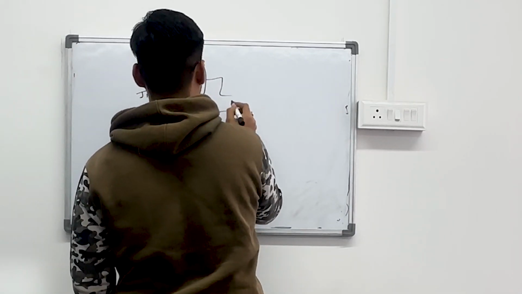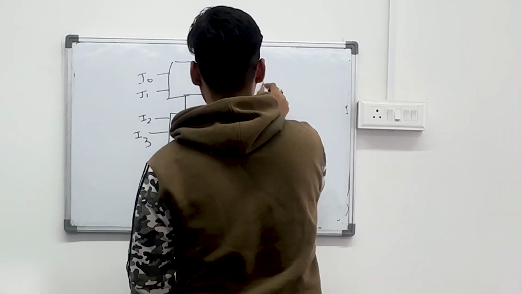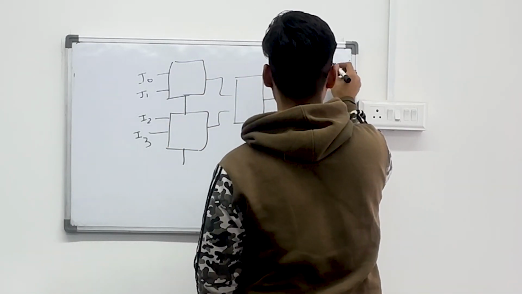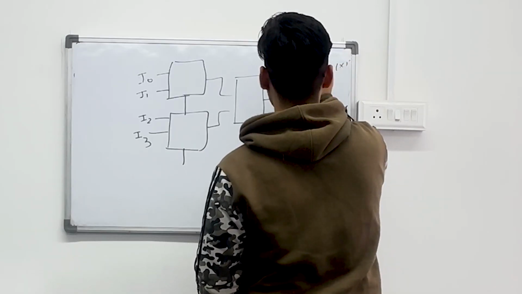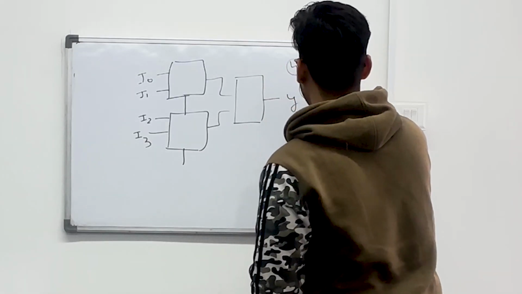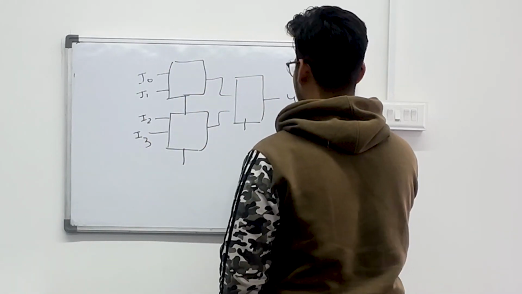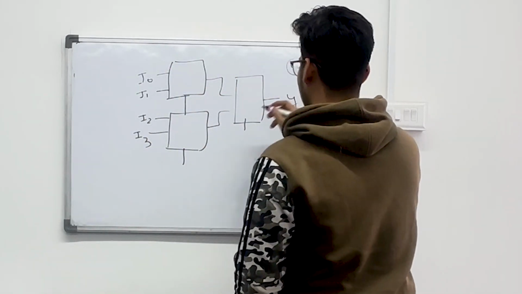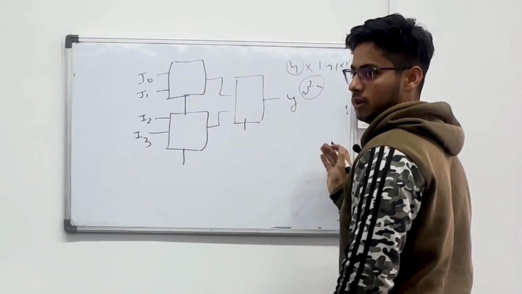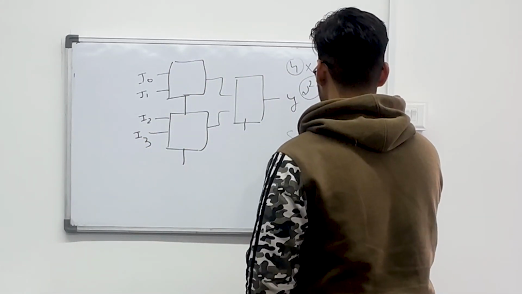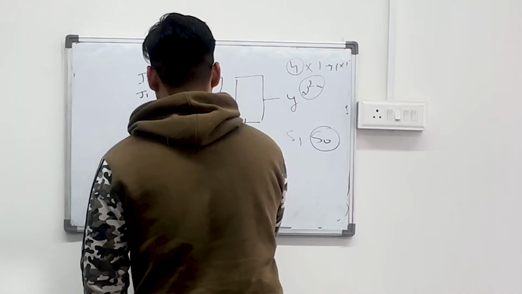And we will need one more MUX for their output. 4 cross 1 needs 2 selection lines because 4 is 2 raised to power 2. Here we have to understand one thing: we have to take our selection lines from LSB to MSB. We have S1 and S0, so we will take S0 here first, not S1.